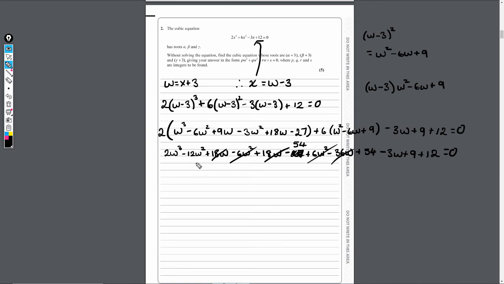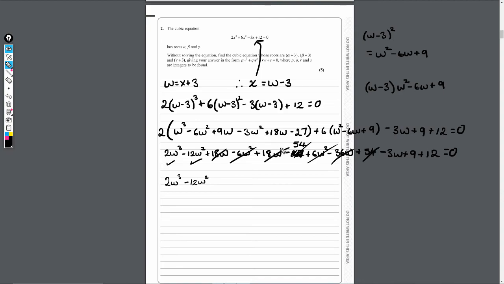I get 2w cubed, I've got minus 12w squared, and there are no other w squared terms, so that's done. I've got minus 54 and plus 54, so that cancels.